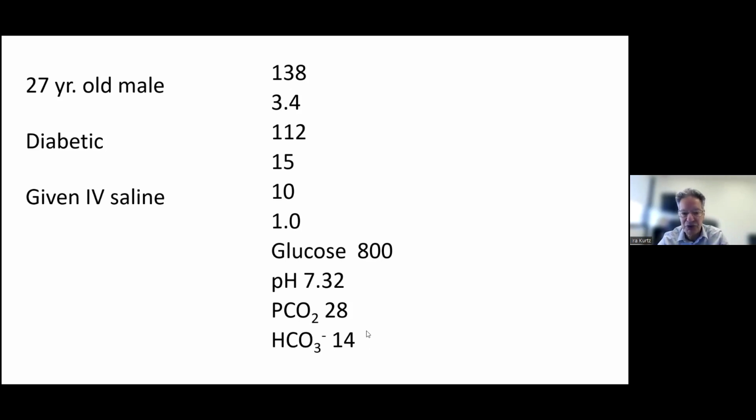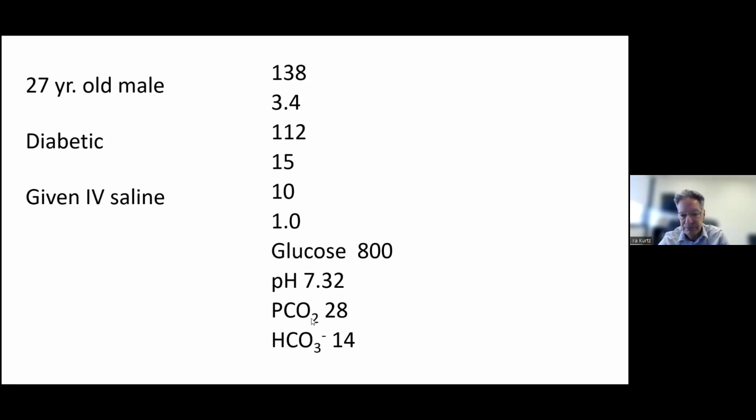To distinguish the three, we now go into our delta analysis, and we compare the PCO2. We don't look at the pH. We compare the PCO2 and the bicarbonate to what an average person would have, unless you have previous numbers. You look at that, and it's a male, so we use 40.